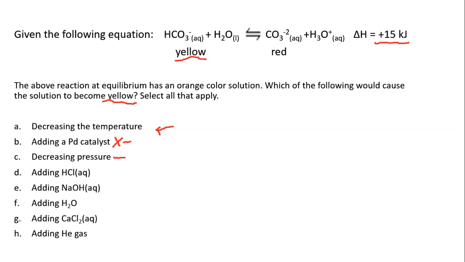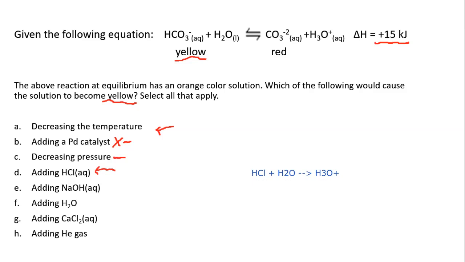Adding HCl. Now this one's a little bit tricky. When we add HCl to water, we get the hydronium ion. So when you're adding HCl, you're actually adding hydronium ion. Since you're adding a product, it's going to shift to make reactants.